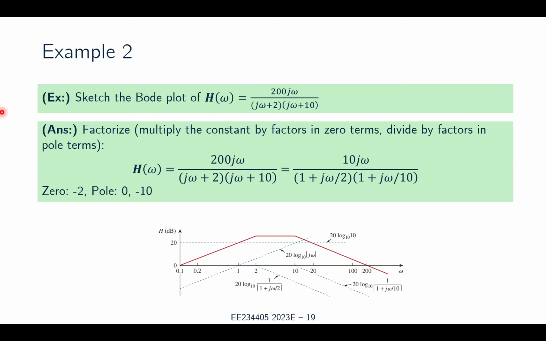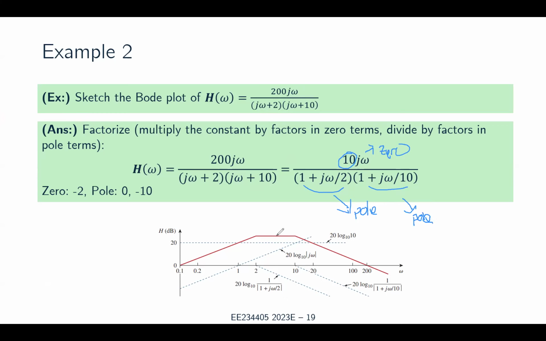So again, we have several terms here. The first is the constant, 10. The second is the zero. And third is the pole at minus 2. And the fourth is the pole at minus 10, right?